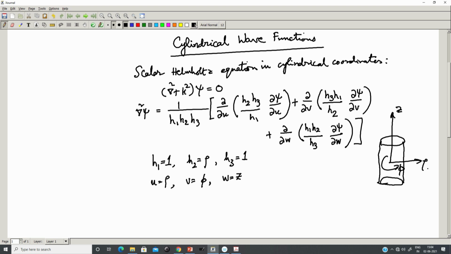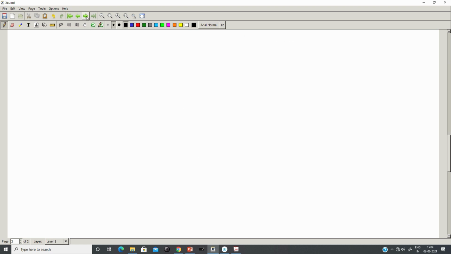So, now what we do is that substituting these values, we get grad square psi equal to 1 by rho del rho of rho del psi del rho.